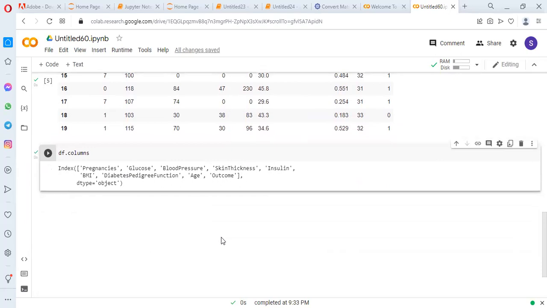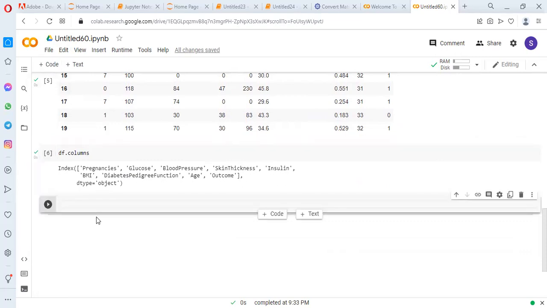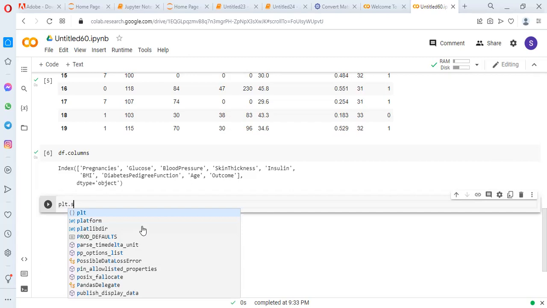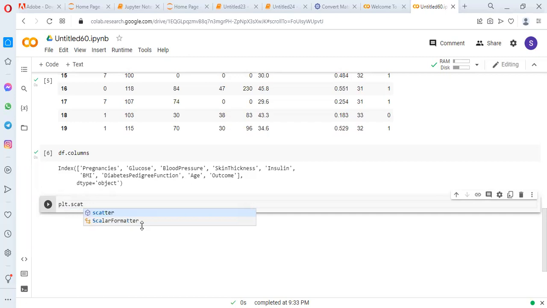If I want to visualize my data set, I will write plt.scatter.